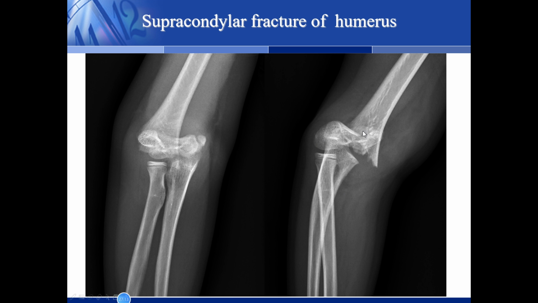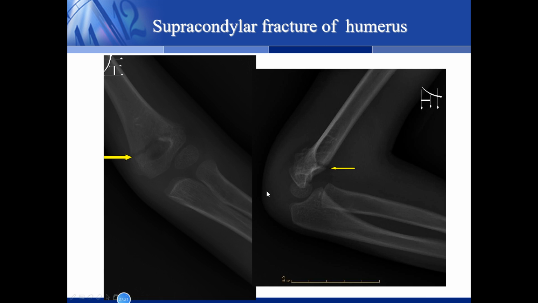This is the elbow joint of a child. It commonly happens in children. Here is the translucent line, and here is the translucent line.